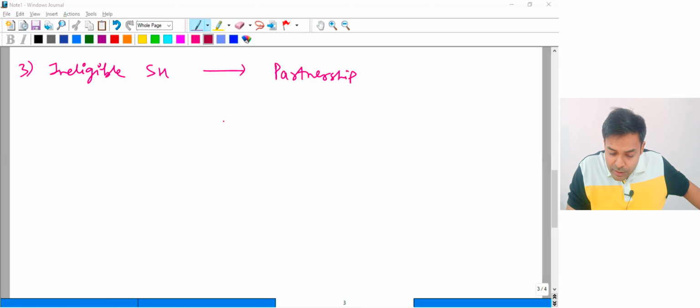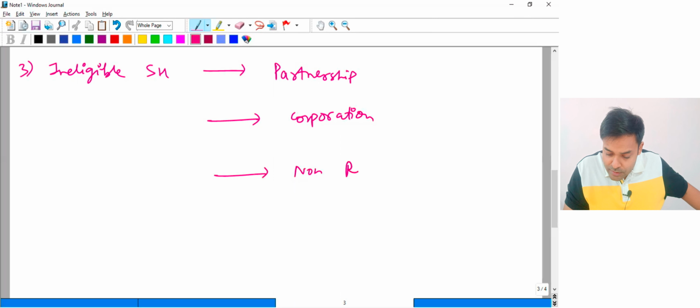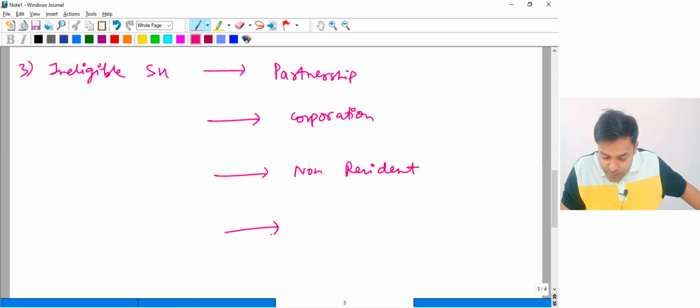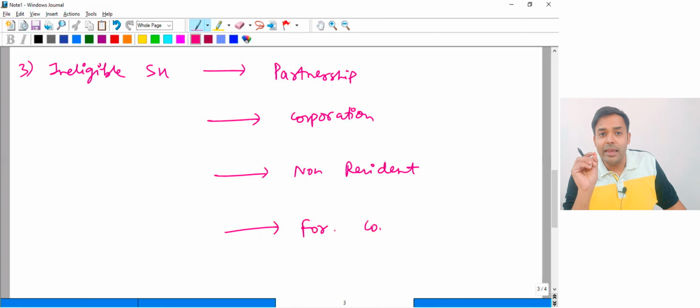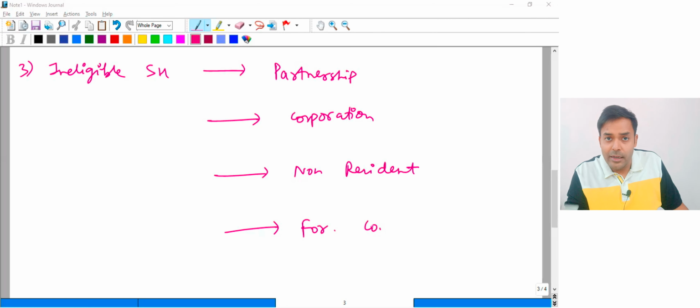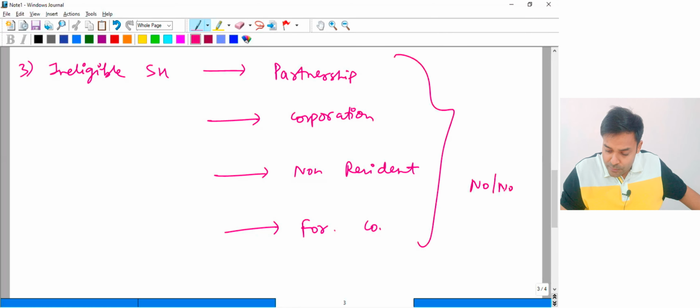Corporations cannot be the shareholders. Non-resident cannot be the shareholders. Lastly, foreign companies. These are the ineligible shareholders. That means you can't induct them in your S corporation. So this is more like a no-no list for you.